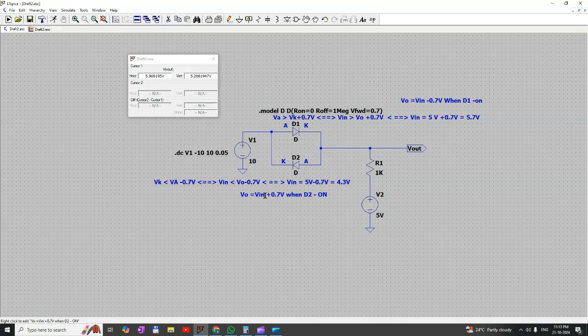Similarly, for example, when V in is 4.2 volt, it becomes 4.9 volt. Okay, V out is equal to 4.9.